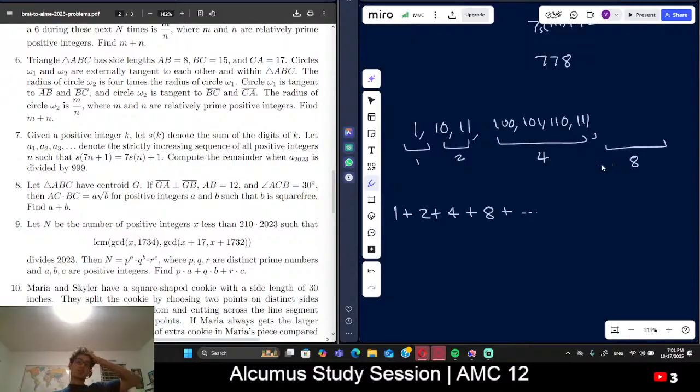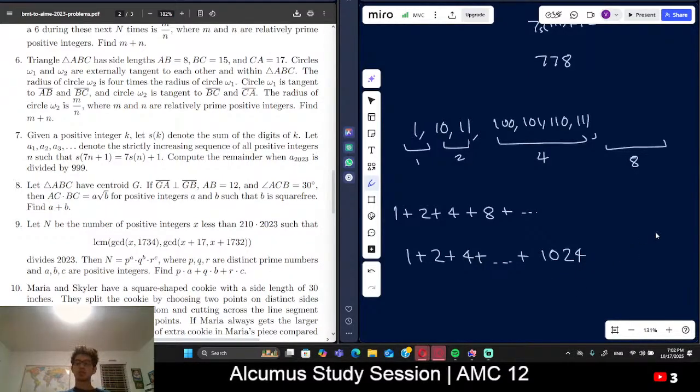How do we get to 2023? Well, we know how to get to 2048. Sorry, 2047. To get to 2047, you'd be 1 plus 2 plus 4 plus until 1024, I believe.